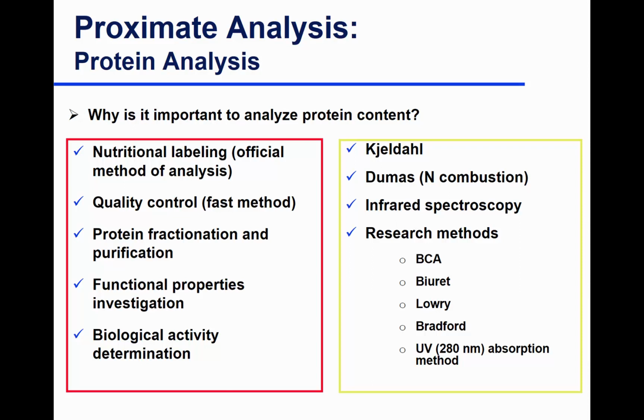So to determine the functional properties, you need to know how much protein you have in solution. When you add the oil, then you can convert to that unit. Same for other functional properties.